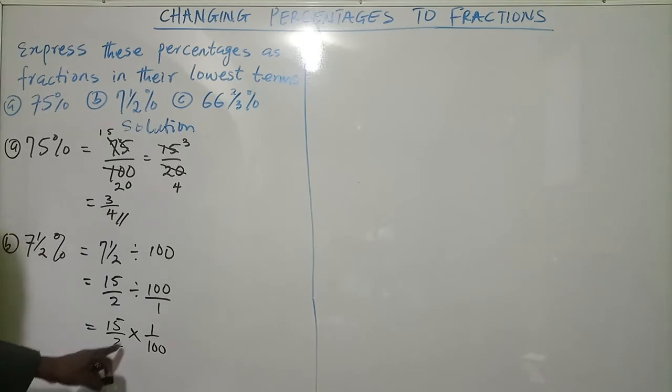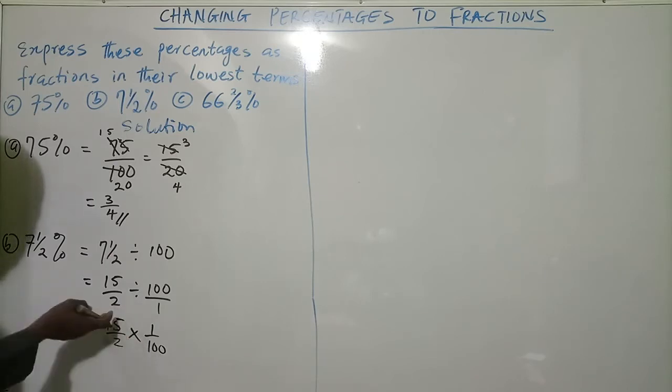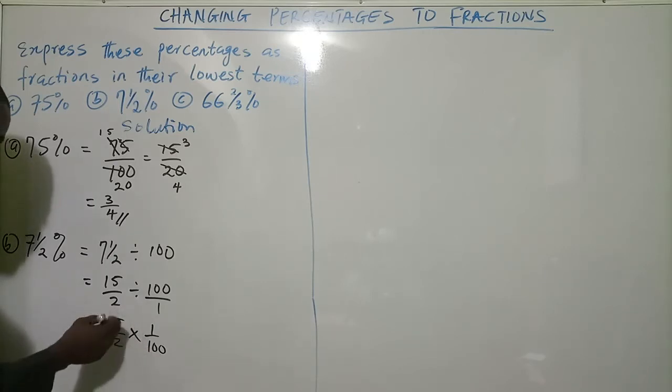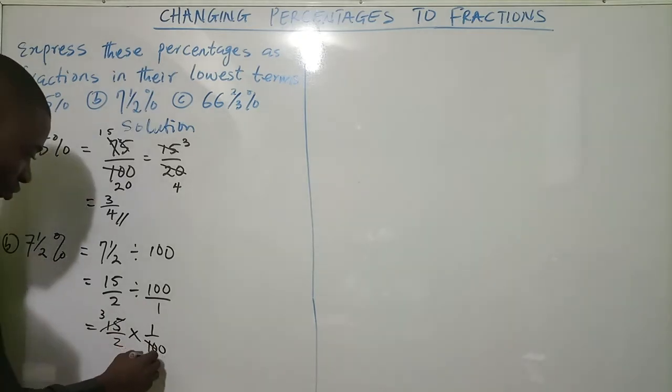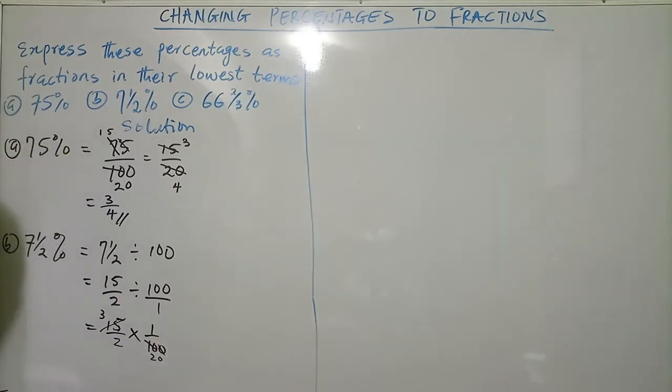So what do we do here? We can easily divide straight off from here. 5 can divide. We can divide across like this. 5 here is 3, and 5 here is 20.